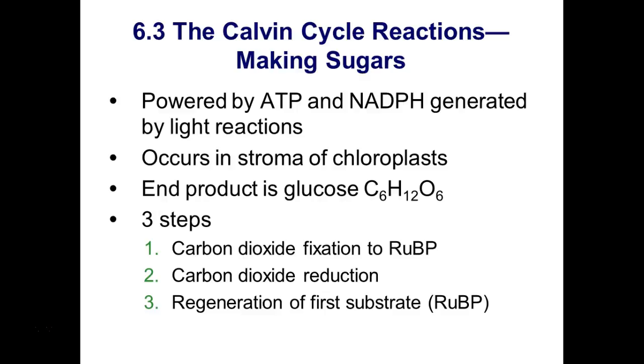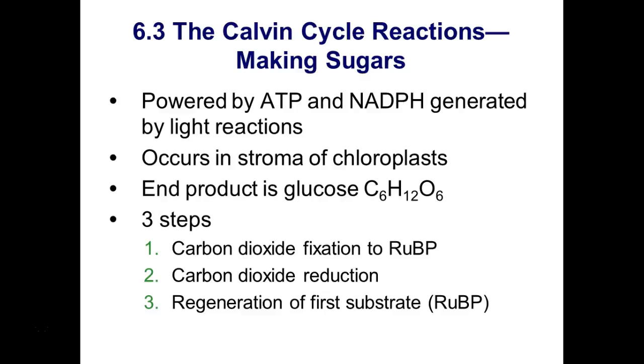The end product of the Calvin cycle is glucose, but making glucose requires a couple of steps. The first step is called carbon dioxide fixation. Fixation doesn't mean that carbon dioxide has to be fixed because it's broken, but it means that the carbon dioxide is fixed or stuck to a molecule called ribulose bisphosphate.